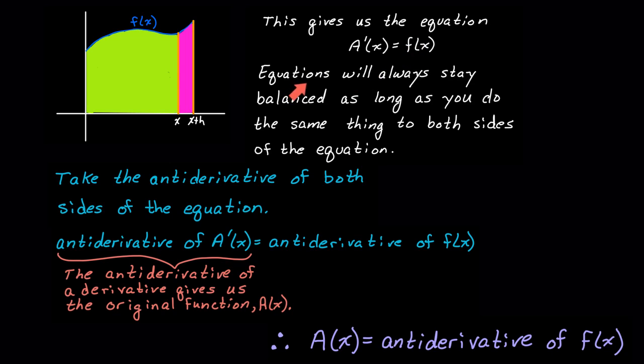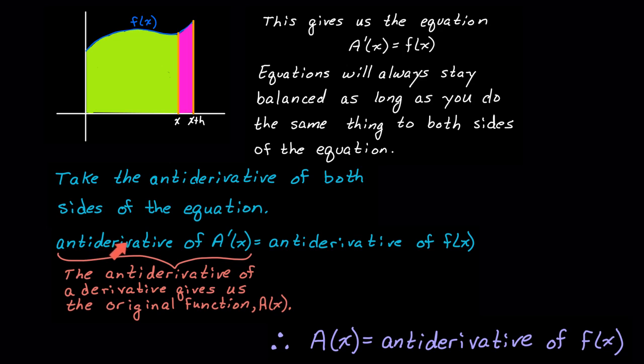Now remember from Algebra 1, when you first started learning about equations, they will always stay balanced as long as you do the same thing to both sides of your equation. So what we're going to do is take this equation right here and find the antiderivative of both sides of our equation. What that gives us then is the antiderivative of A prime of x will equal the antiderivative of f of x.